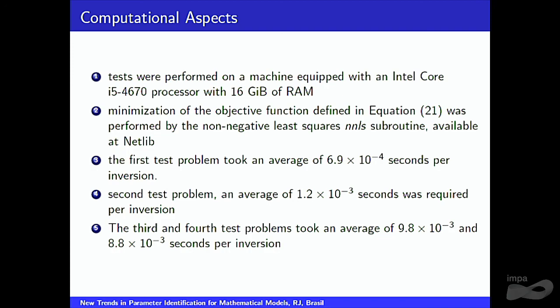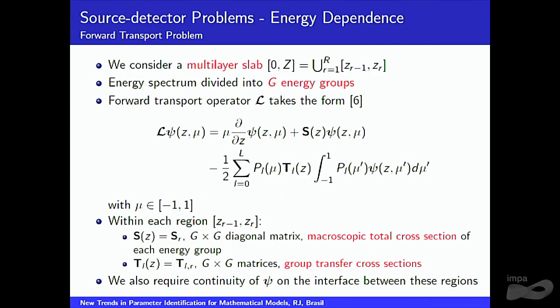So for this problem, the tests we performed were on an Intel Core i5 processor with 16 gigabytes, and we used a MATLAB subroutine to solve the non-negative least squares problem. And that's an average of the computational time we took for the different tests that I showed here using this approach.